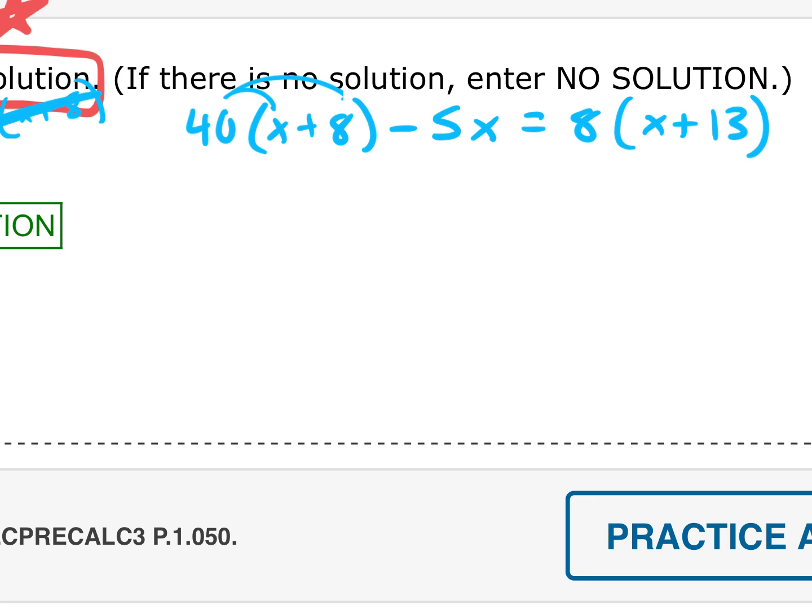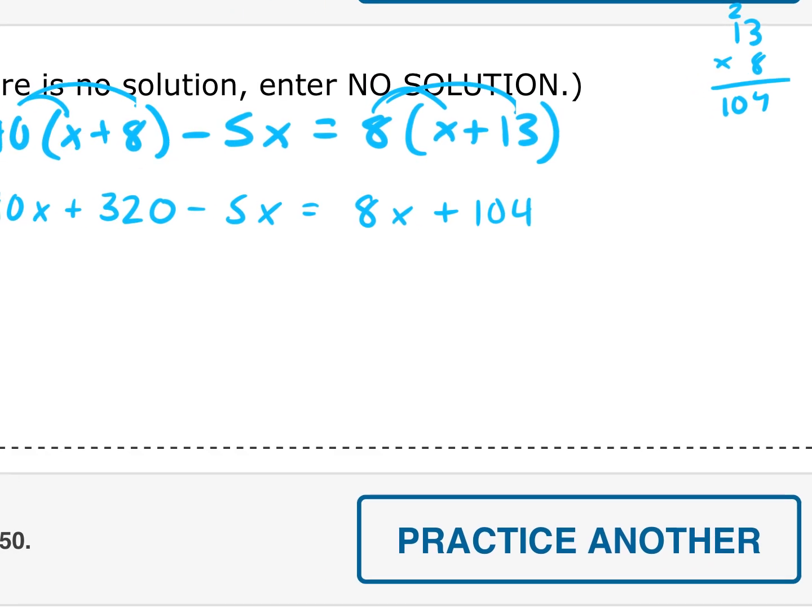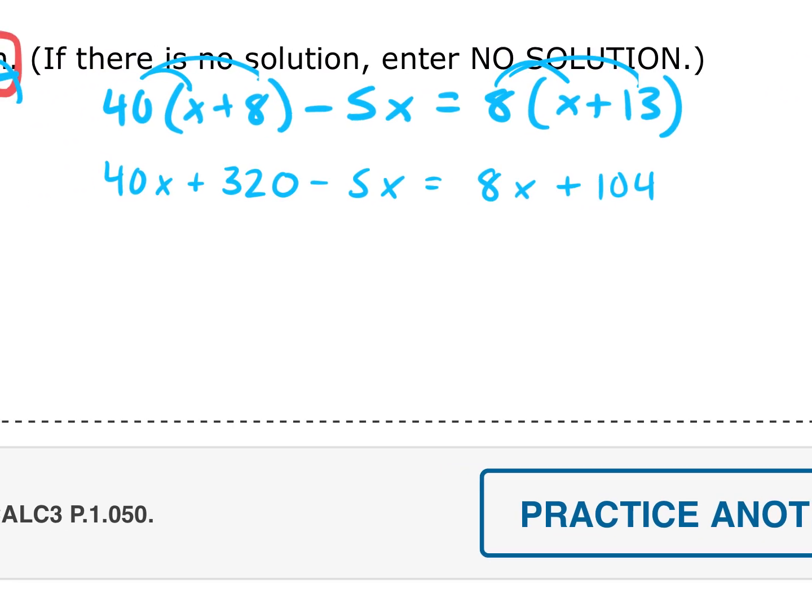I distribute, so 40x plus 40 times 8 would be 320, minus 5x is equal to 8x plus 8 times 13, which would be 104. Combine like terms.